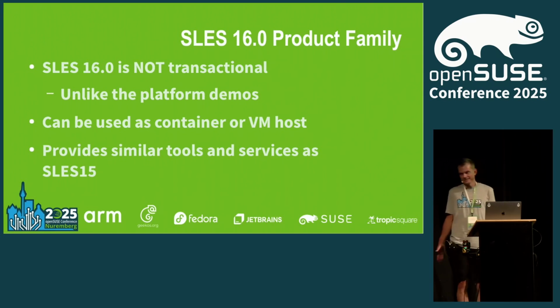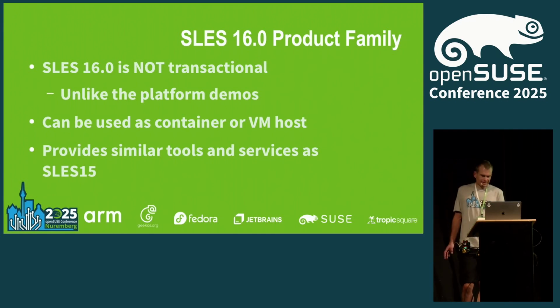Of course, it means that you don't have the nice features of the transactional system, like if the update for any reason crashes somewhere in the middle, or if the new kernel doesn't boot, you have automated rollback to the previous one. But for that, you have SLE Micro, or SUSE Linux Micro, or Leap Micro.